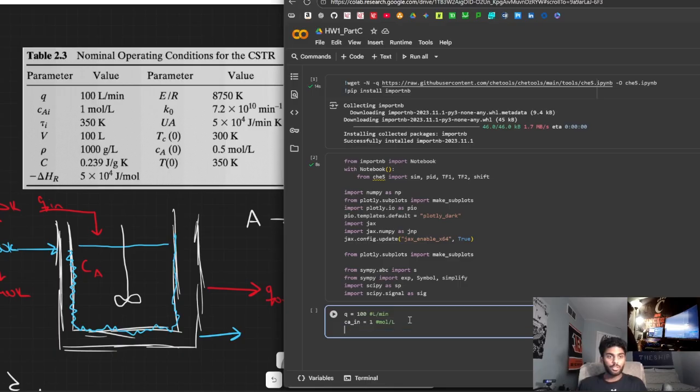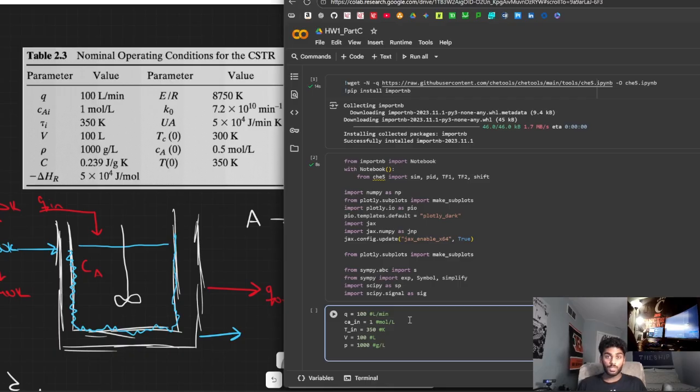That should be a capital T, not a tau, for our inlet temperature, so T in is equal to 350 Kelvin. Our volume is equal to 100 liters. Our rho, our density, I'll just put a lowercase b, looks close enough to me, is 1000 grams per liter.